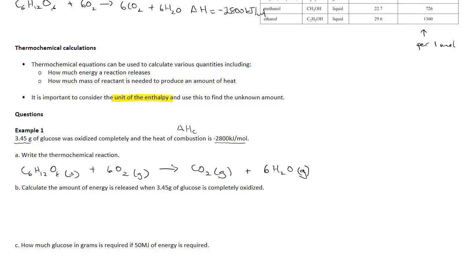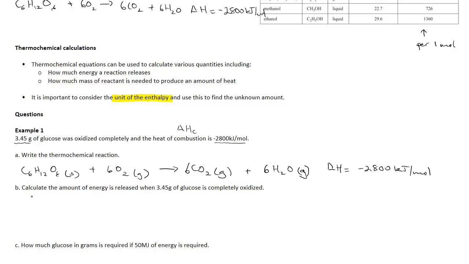Usually it's also gaseous if it's combustion, because water turns into a gas, because the temperature is usually over 100 degrees, and delta H is minus 2,800 kilojoules per mole. Okay, so that's our thermochemical equation written out. Making sure that you have the correct states, and all you have to do is just insert the enthalpy at the end.